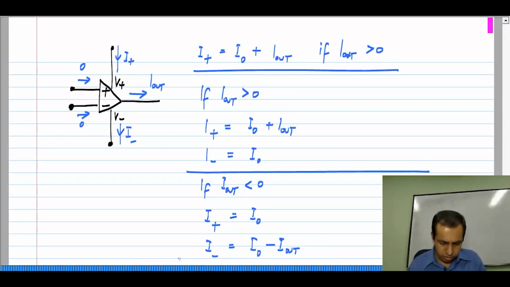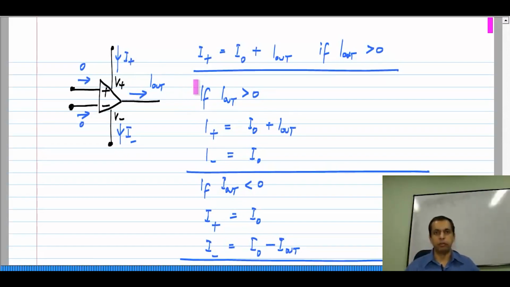So, this first of all satisfies Kirchhoff's current law. Okay. And in fact, this is sort of a simple model, and not every op amp may obey this model. It could be that the current through the supplies is exactly a constant and so on. But usually there is a constant part, and there is a part that is dependent on how much current is being driven out.